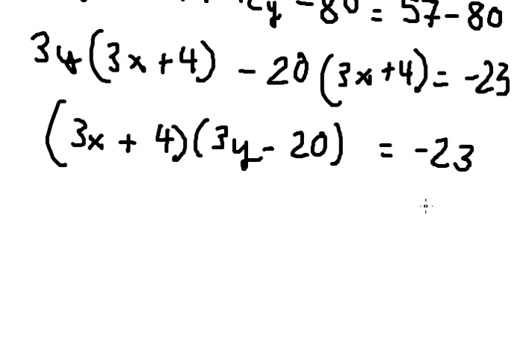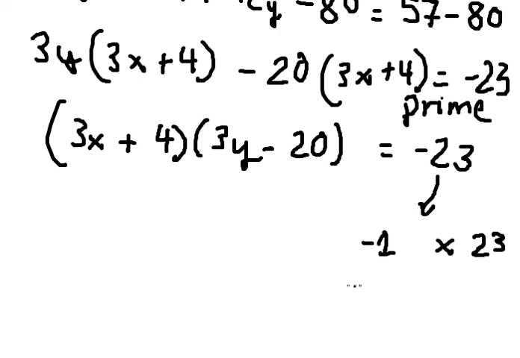And now we can see that negative number 23 can be negative number 1 multiplied by number 23, because number 23 is a prime number. Or maybe it can be negative number 23 multiplied by number 1.